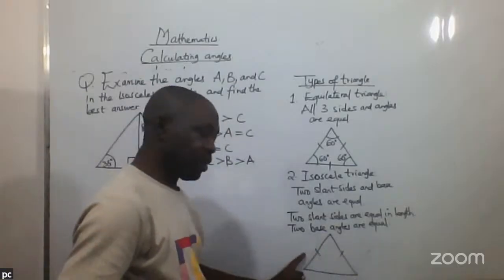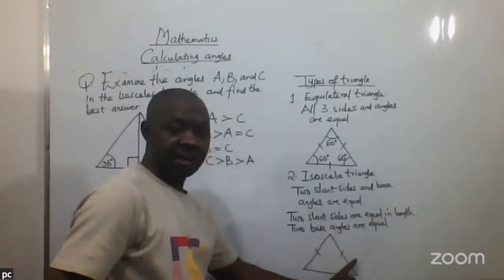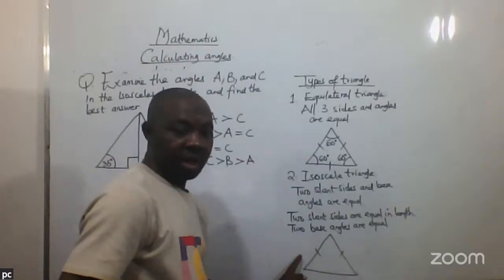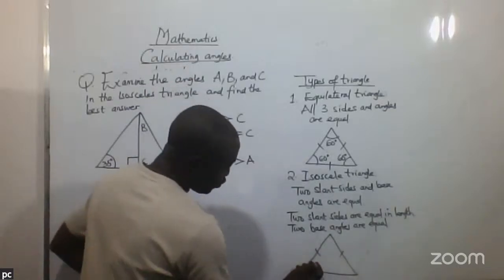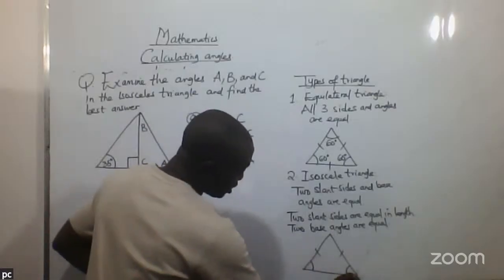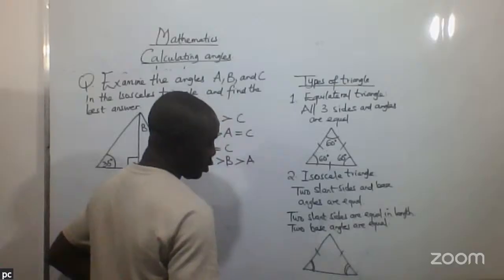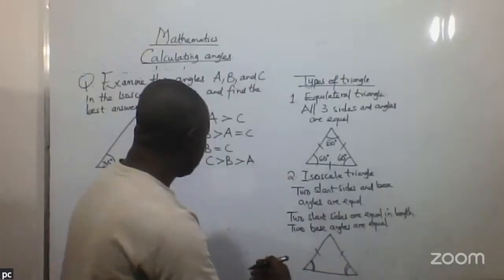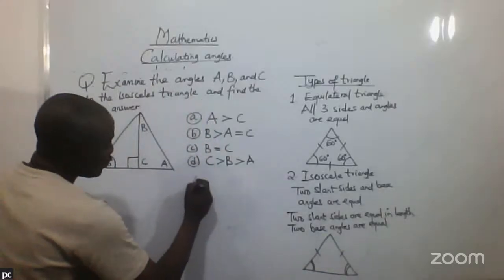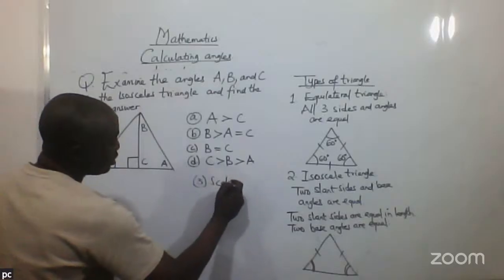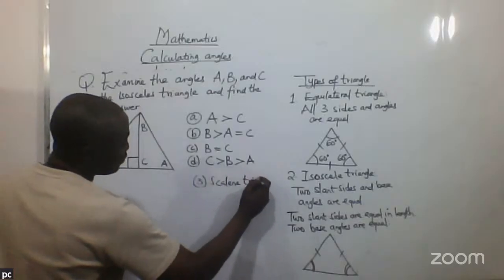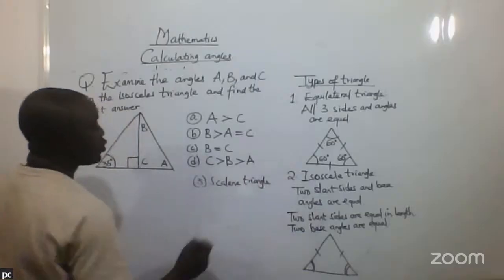These two sides are equal. That's why you can see this line showing. Then these two angles, this angle and this angle, are also equal. So these two angles are equal. That's why I use two cups or two parts. Then number 3, we have what we call scalene triangle.